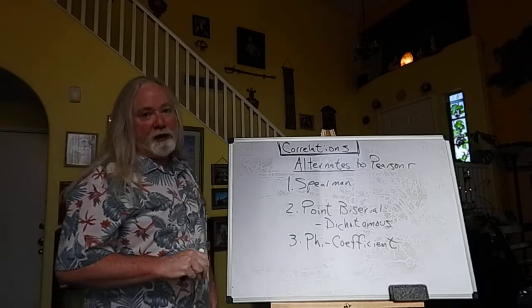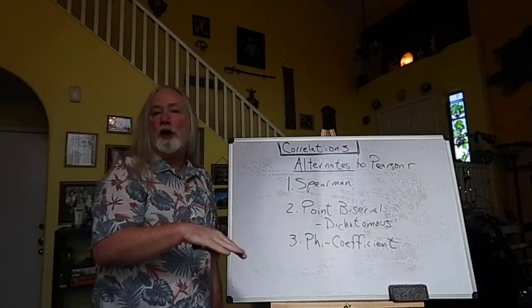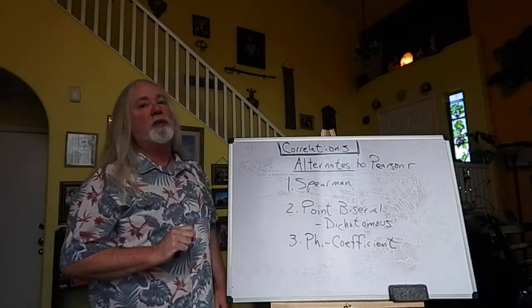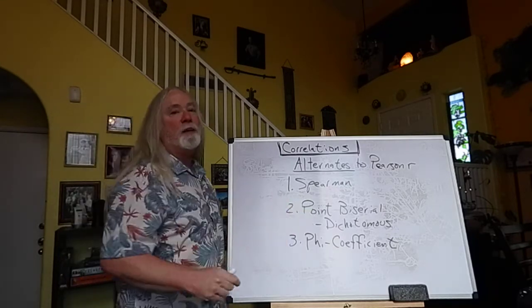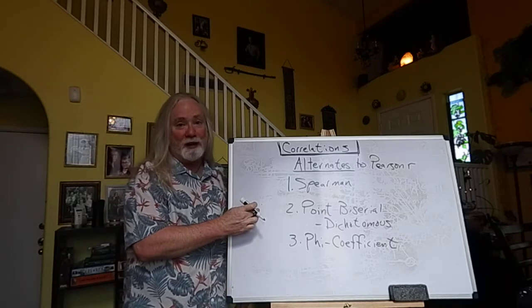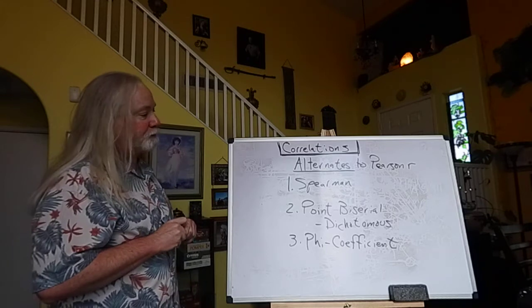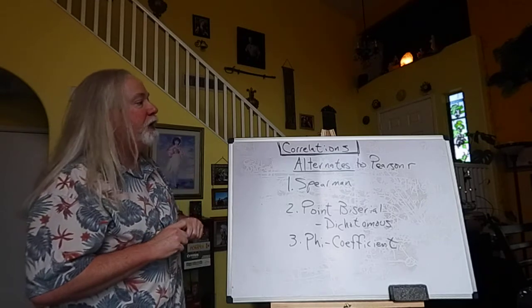So if both of the variables, both variable x and y, are dichotomous, if they're both yes, no, black, white, up, down sorts of options, then we want to do the phi. The way I remember the difference between these two is point biserial, a point, one dichotomous variable; phi coefficient, both of them are dichotomous. So those are all of our alternatives to the Pearson R.